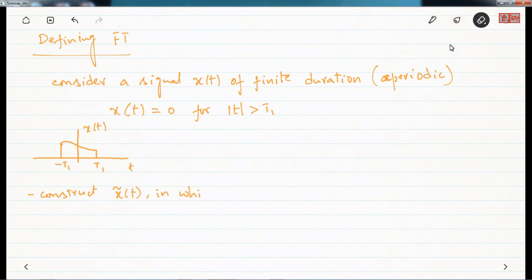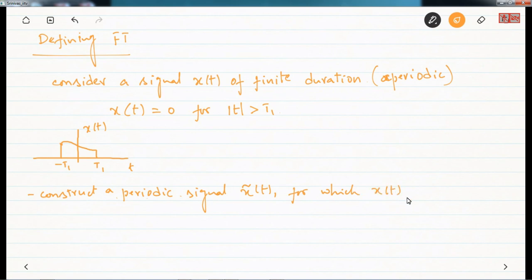Let's construct a periodic signal x tilde of t for which x of t is one period.